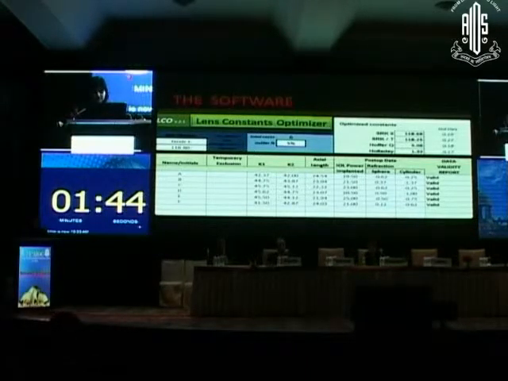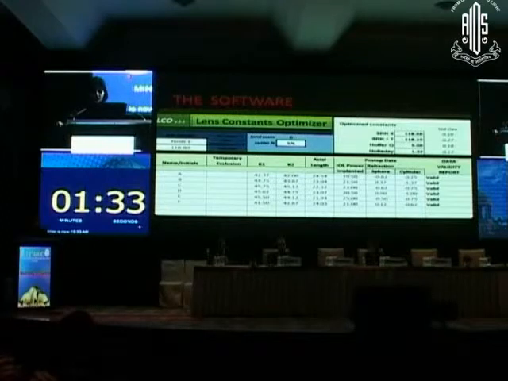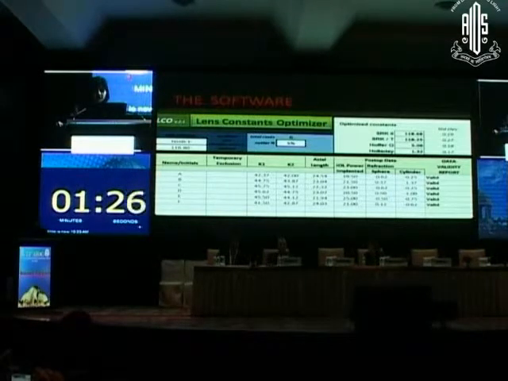So this optimizer is working for the Technis 1 lens, which has a manufacturer's A constant of 118.8 for a contact biometry. On the top right corner, you will see the results that it gives me. I have just fed in 6 values, but it has already started giving me results.